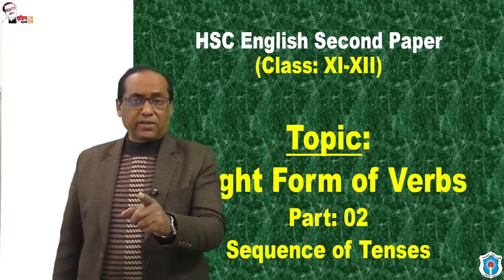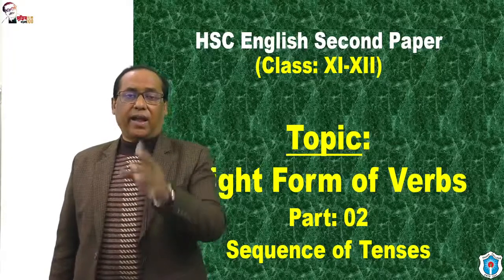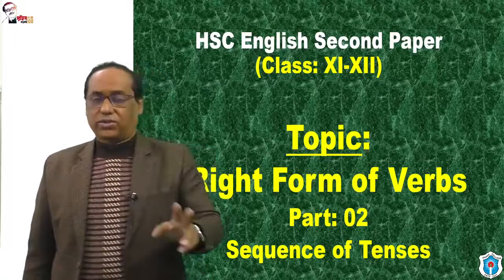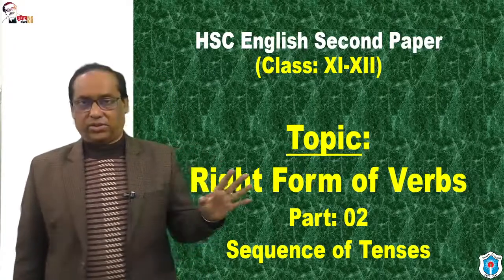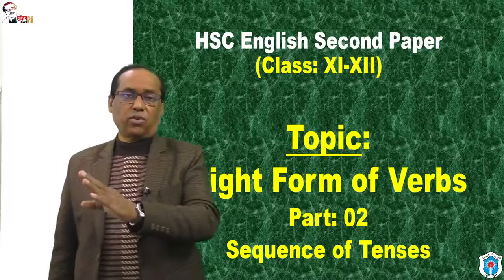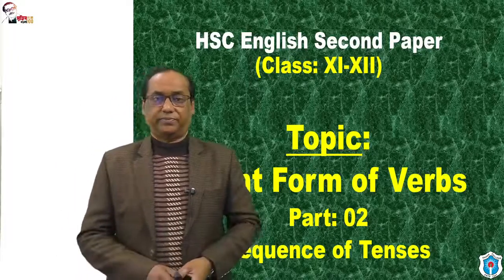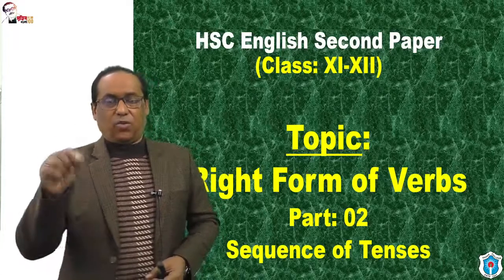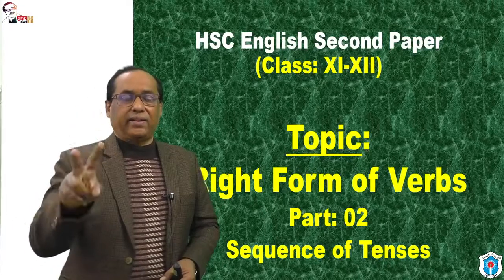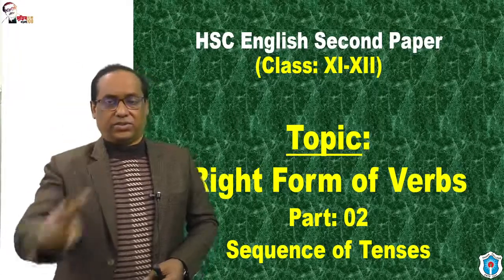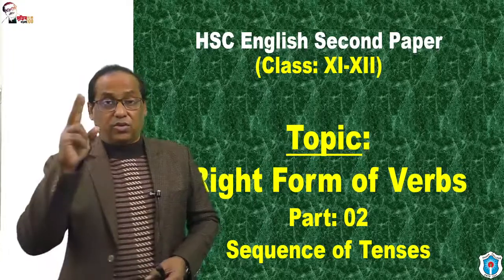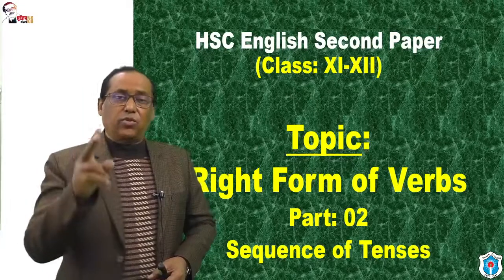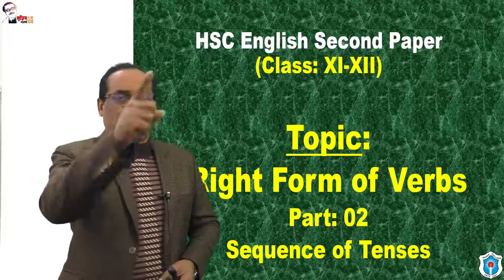And in compound sentence, there are at least two coordinating clauses or independent clauses connected by a coordinating conjunction. Sequence of tenses is applied where there are at least two clauses. So to know sequence of tenses, you need to know clause.